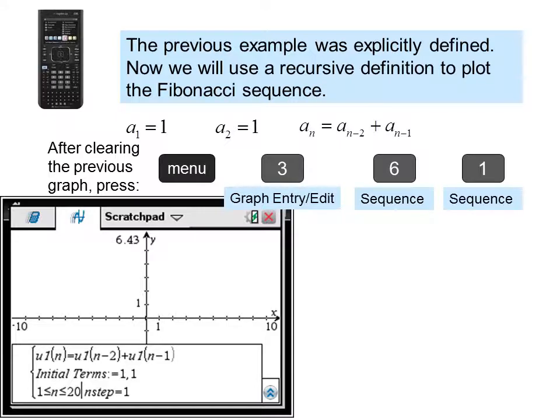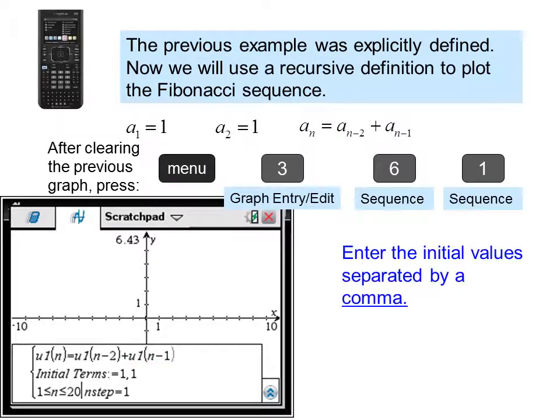In this case, the u1 with the parentheses n minus 2 is not multiplication and is not really a function. This is the way the calculator represents a sub n minus 2 and a sub n minus 1. We enter our initial values as 1, 1. Enter the initial values separated by a comma.